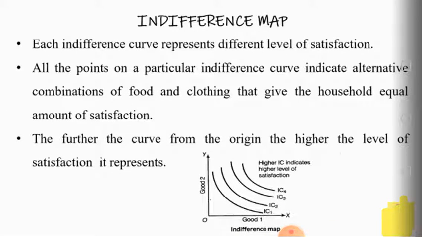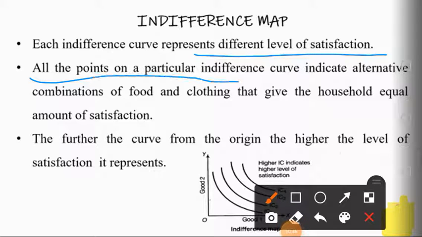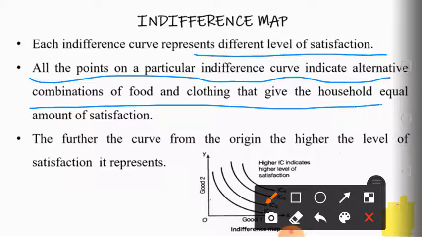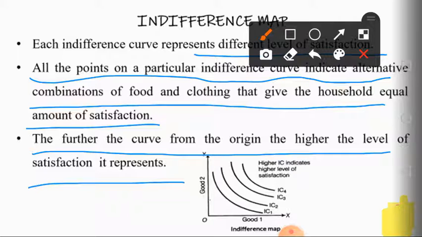Each indifference curve represents a different level of satisfaction. All the points on a particular indifference curve indicate alternative combinations of food and clothing that give the household an equal amount of satisfaction. That means whichever combination the household purchases, it will get the same level of satisfaction. The further the curve from the origin, the higher the level of satisfaction it represents.